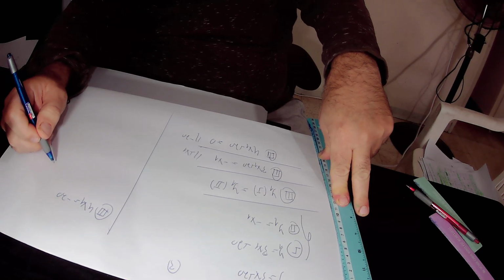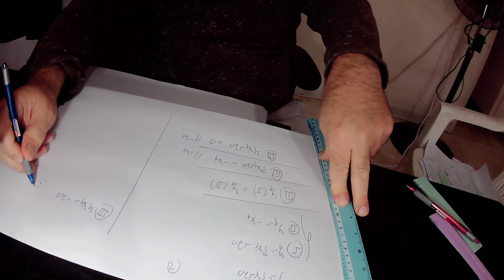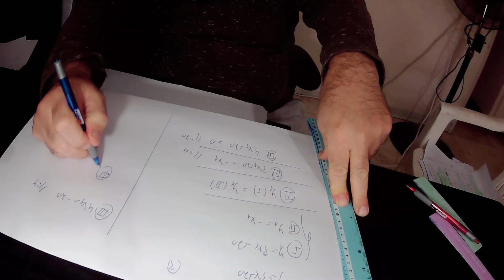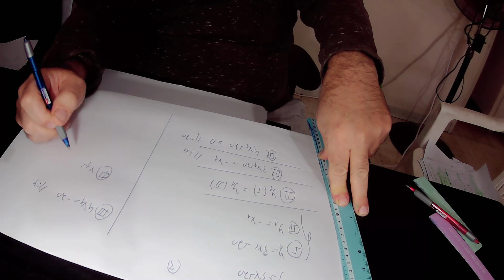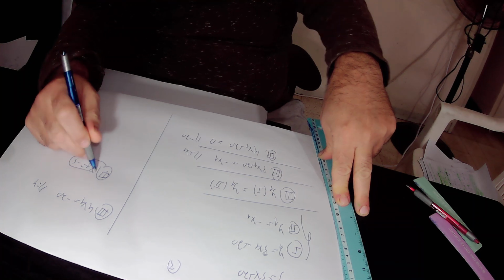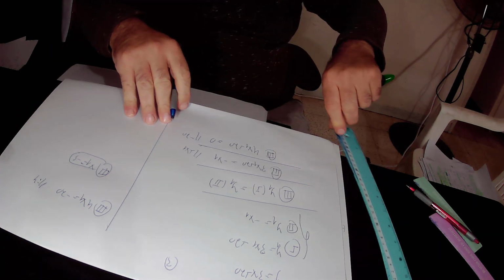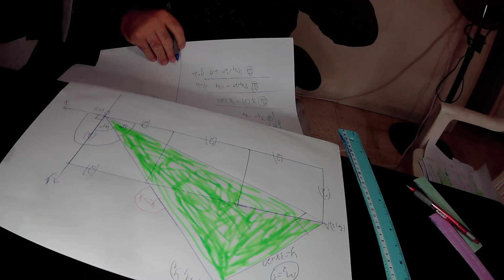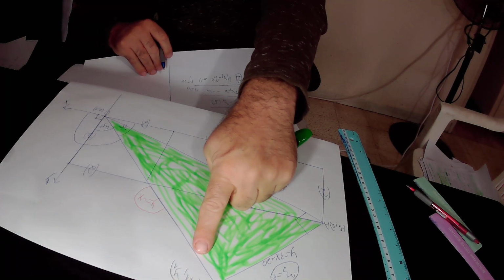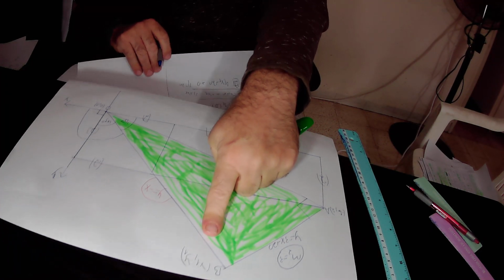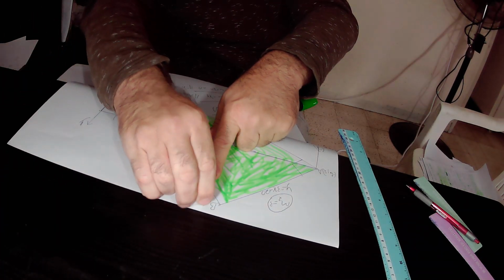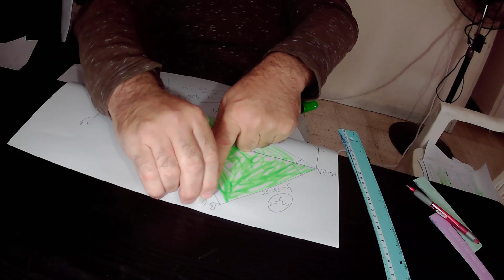Here we divide this equation 3 by 4, and finally get that x1 equals minus 20 over 4, which is minus 5. So here, the coordinate x of point B is x1, and x1 equals minus 5. Write it down: x1 equals minus 5.